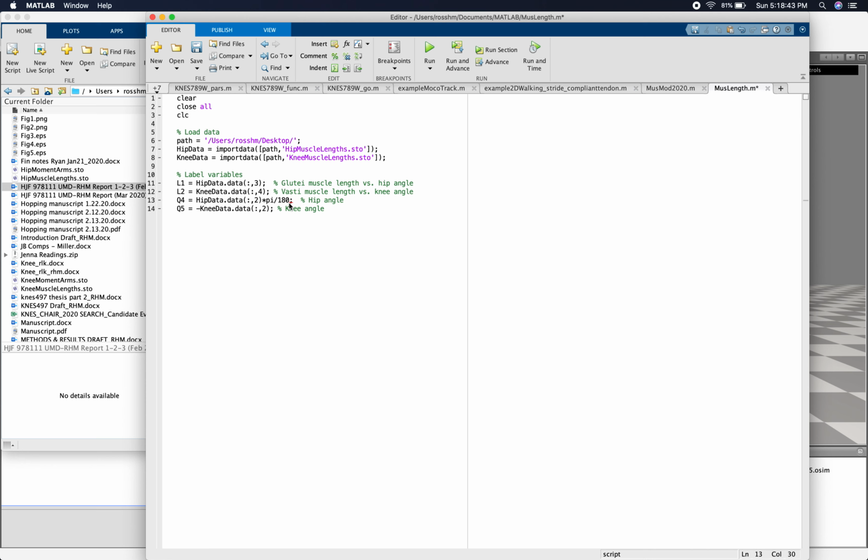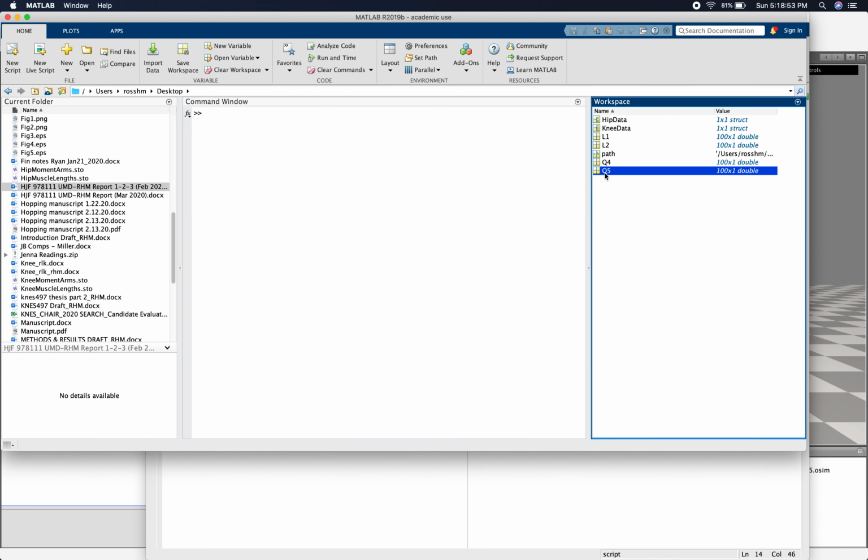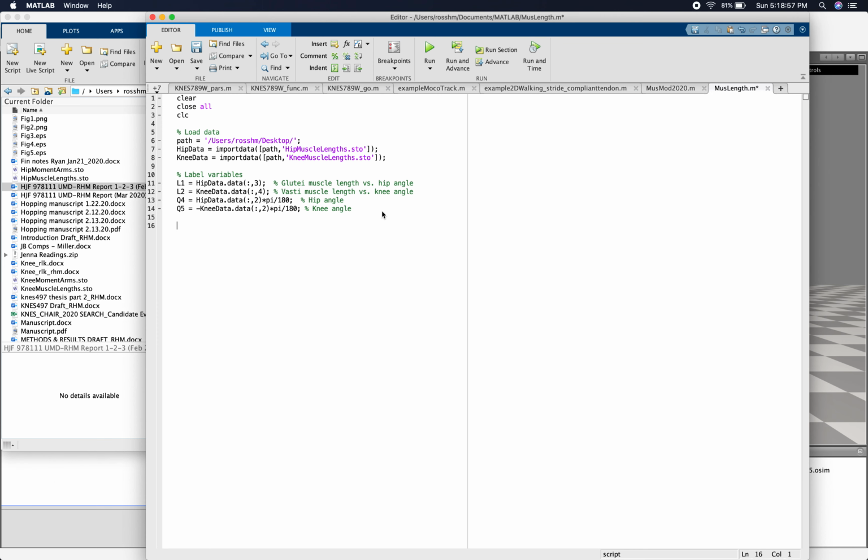So let's convert them to radians. Okay, so we're all set with our length data and with our joint angle data. Okay, one easy way to generate muscle length functions as functions of joint angles when you have data for those things is to fit a polynomial to them.